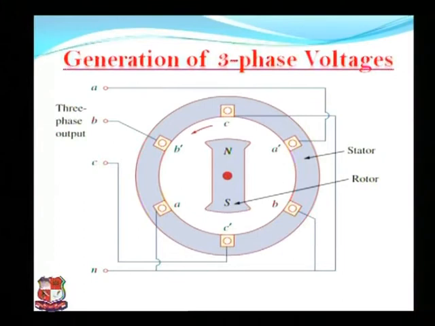As we all know, the stator is a fixed or steady winding and the rotor is a movable winding. So whenever the supply is given to that machine, then according to the north and the south pole the rotor is moving, and whenever it moves it cuts the magnetic field surrounding it. So due to that, voltages are generated.